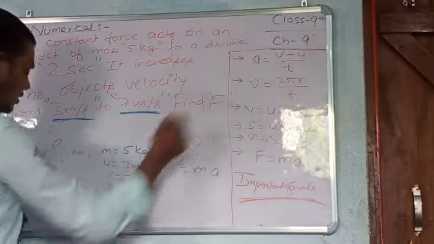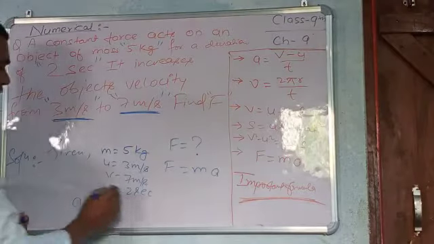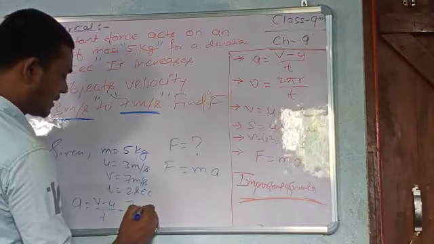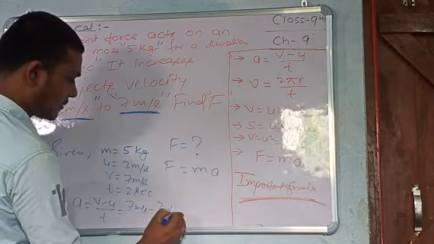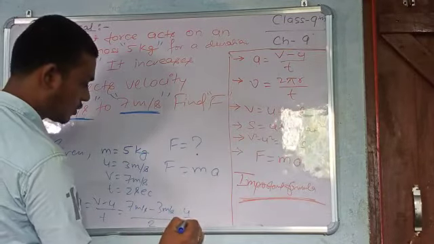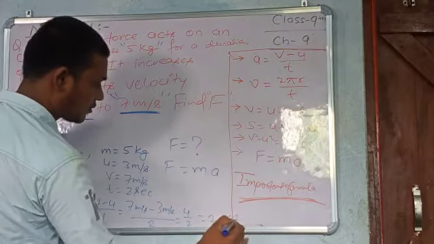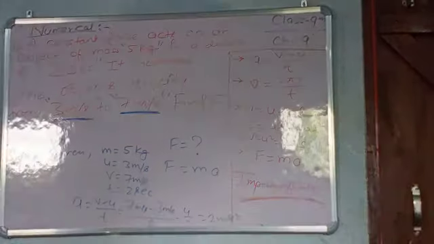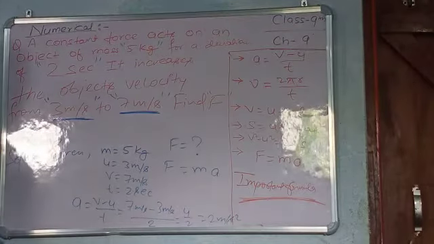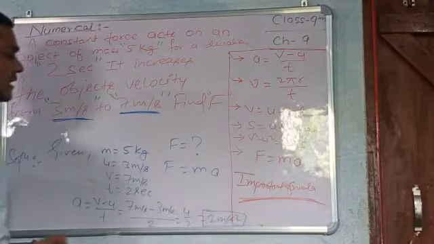Acceleration is equal to v minus u upon t, which is 7 meter per second minus 3 meter per second upon time 2 second, which is 4 upon 2, which is equal to 2 meter per second square. Meter per second square is the SI unit of acceleration. Hence, acceleration is 2 meter per second square.